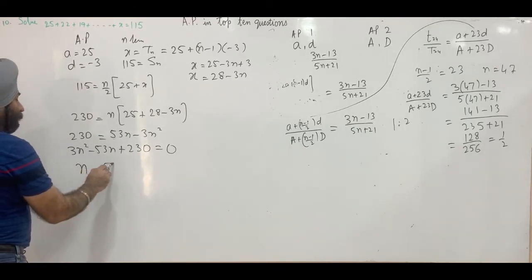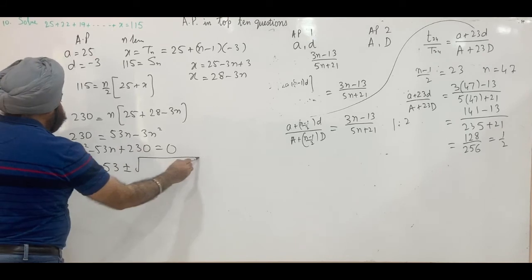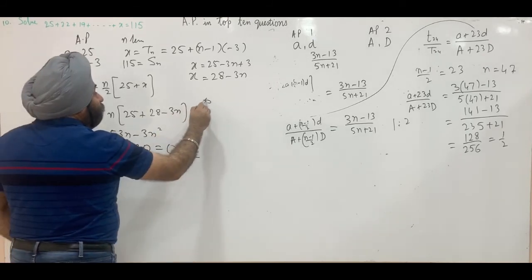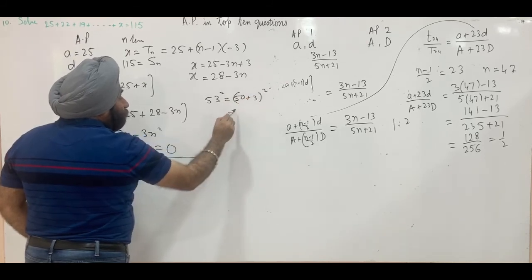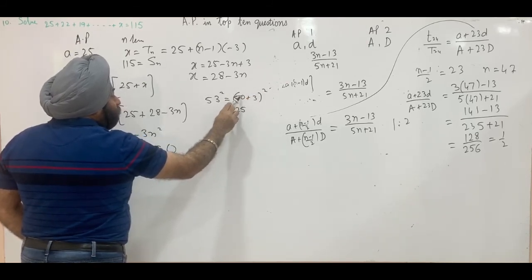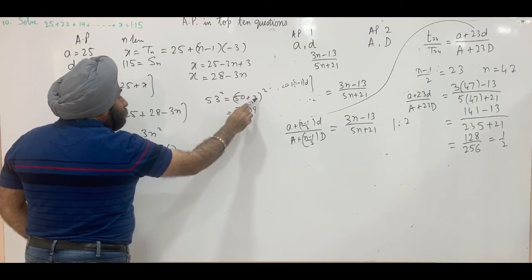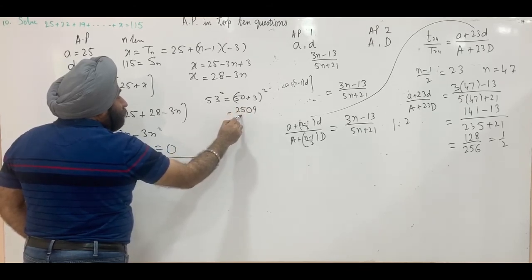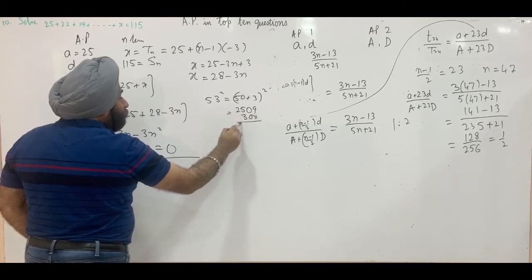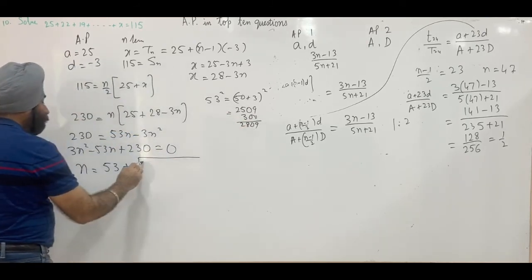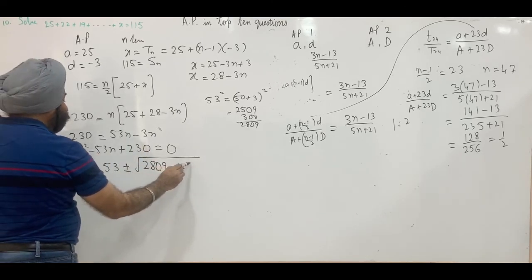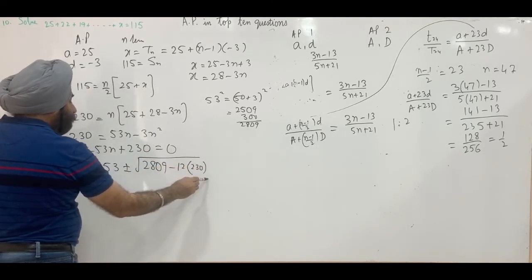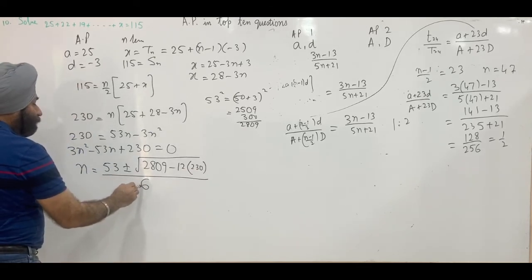N is minus b plus minus the root of b square minus 4ac, divided by 2a. 53 square is 50 plus 3 whole square, which is this square plus this square plus 2 times the product of these two. The product is 150, into 2, 300. So 2809. Then b square minus 4ac, that's 12 into 230, which is 2760, divided by 2 into 3, which is 6.